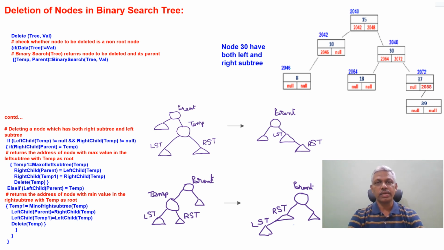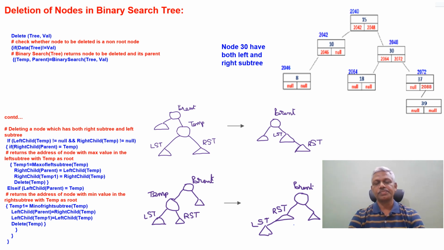And the RST of temp, the right subtree of temp, is greater than the values of temp, and they are already greater than the values of the LST of temp. So they can be added as a right subtree of the highest vertex of the LST. So this satisfies the conditions of the binary search tree, and the temp can be deleted easily.